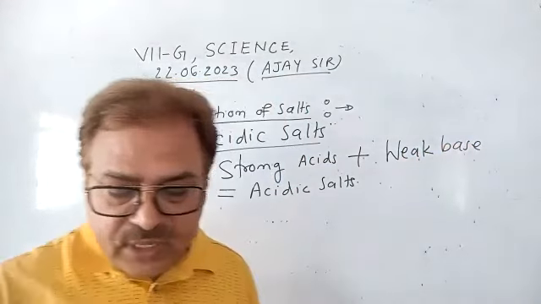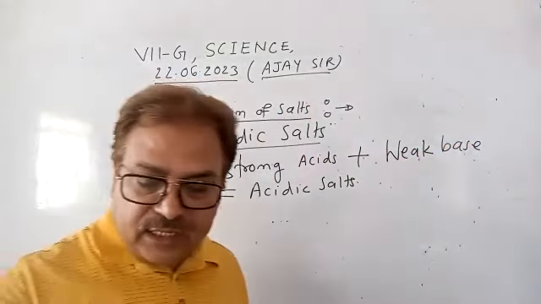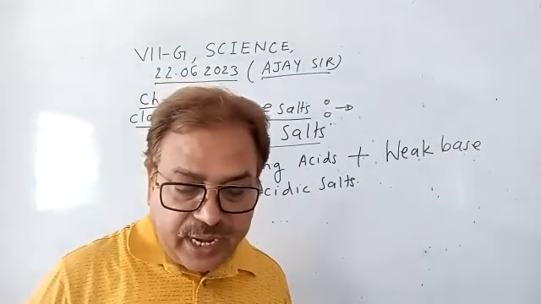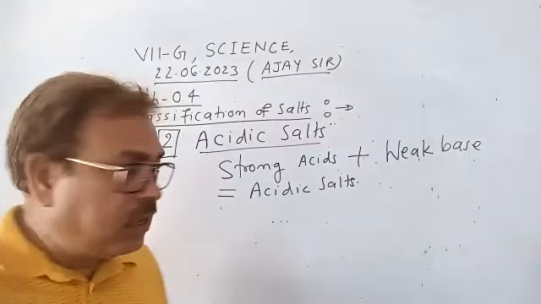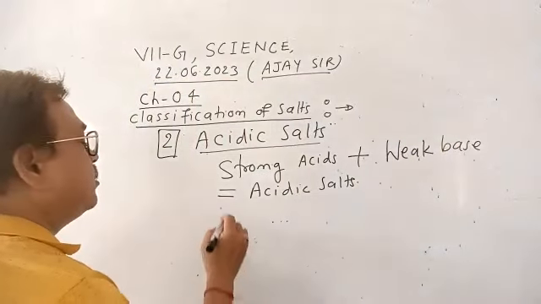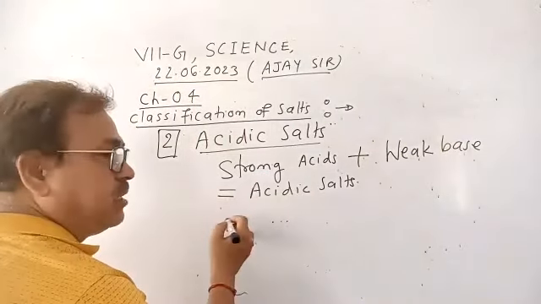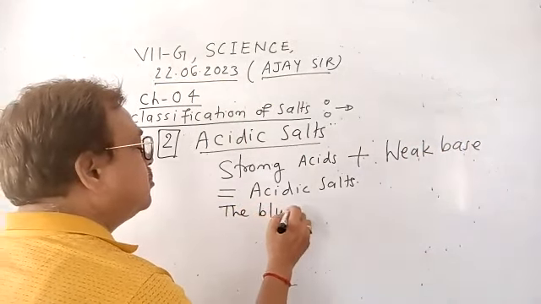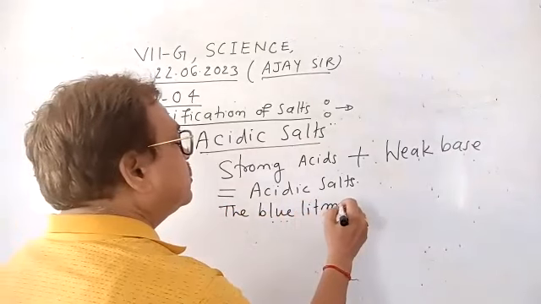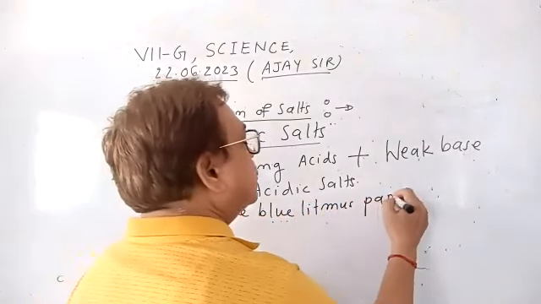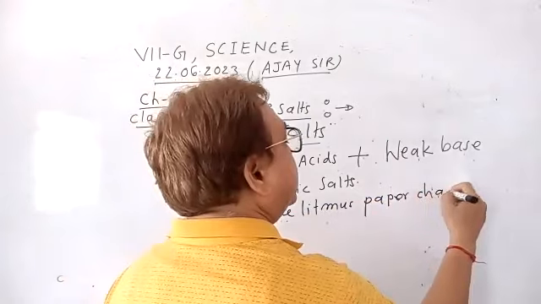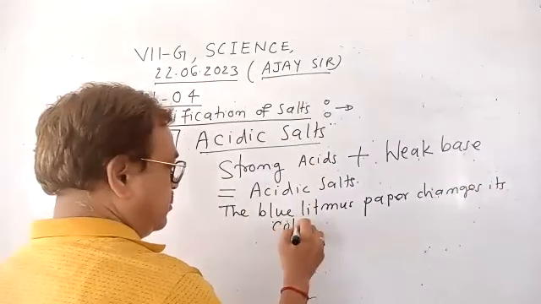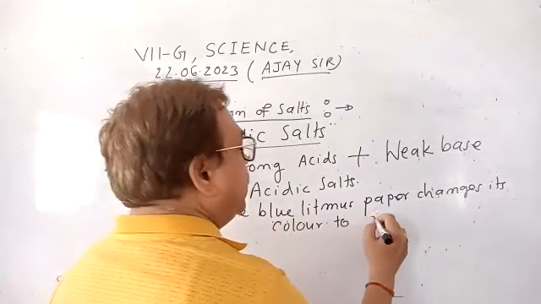The solution of an acidic salt in water is acidic in nature and changes the color of blue litmus paper to red. We can also show that in this very solution, the blue litmus paper changes its color to red.